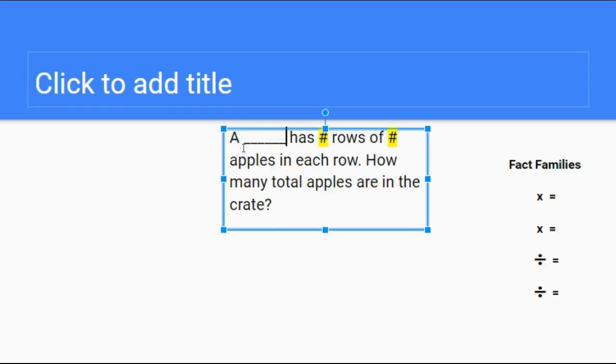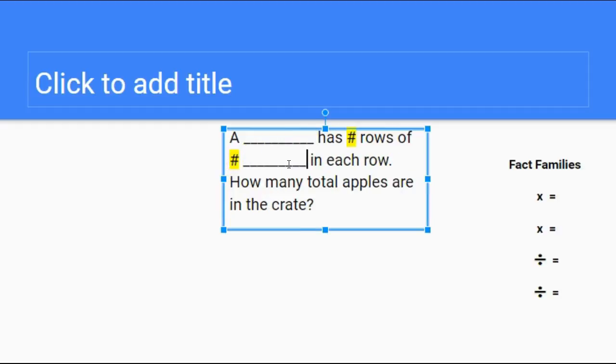I'm going to write blank has blank rows of blank whatevers in each row. So maybe it would be a box has 3 rows of 4 stars in each row, or whatever you want it to be. How many total stars are in the box? Question mark.